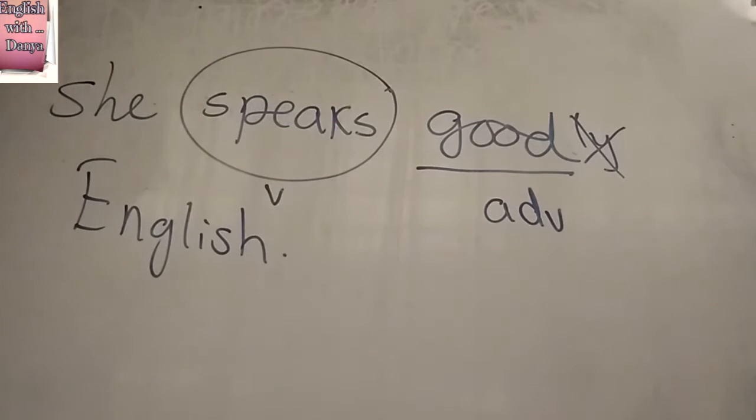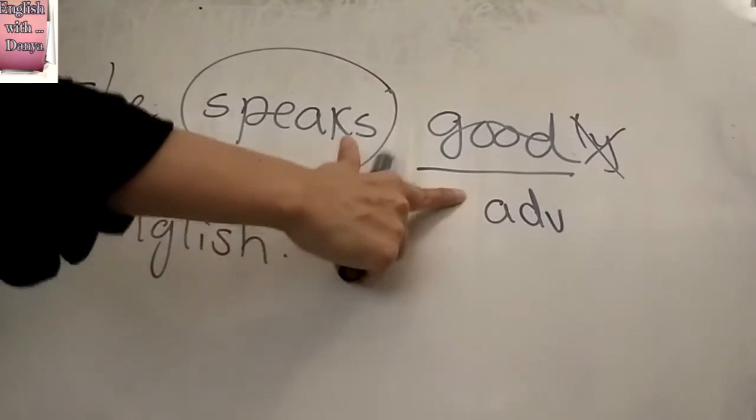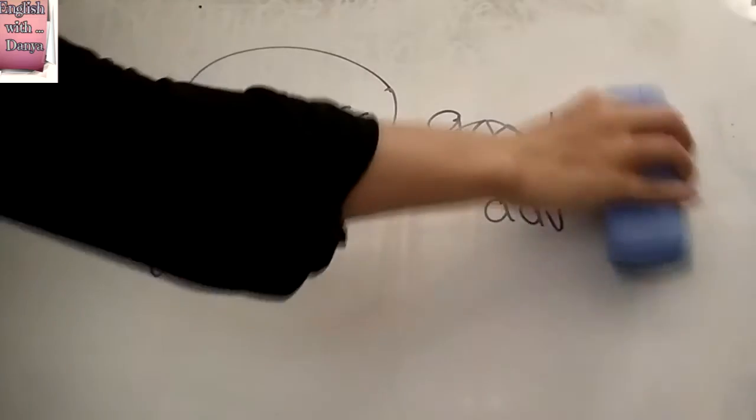All right, so usually when it comes to irregular adverbs or irregular verbs or irregular adjectives, they don't basically have the same rules, right? But rather they have their own rules. Same thing is in here. So in here, good, we don't add ly.